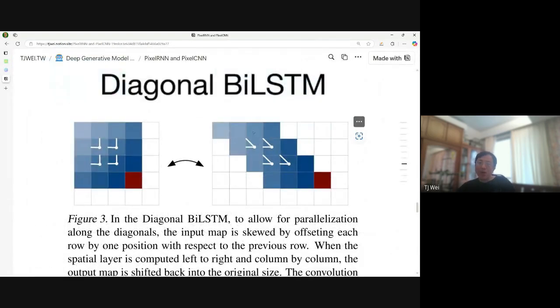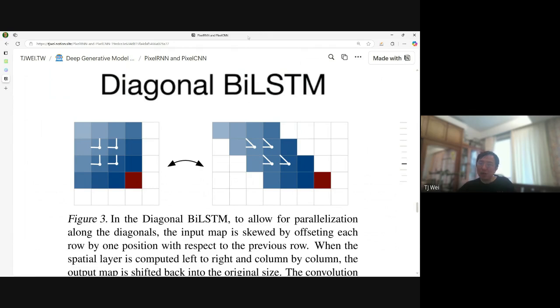That's why we can use the BiLSTM column by column without the risk of seeing the future. When we say seeing the future, it means that we're using the information of a pixel when training that is not already generated.